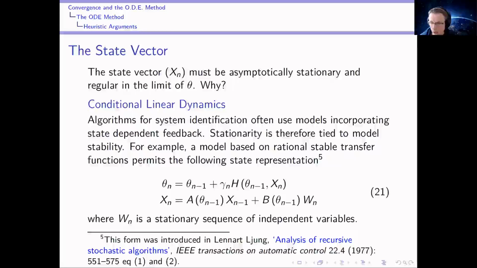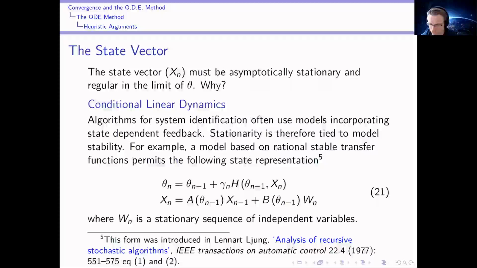So algorithms in system identification exhibit dynamics that can be discontinuous and noise that is state dependent. So in our example of the model of the state vector, we can actually extend this model to capture dependencies on previous symbol estimates. And therefore, in that case, stationarity is then tied to model stability.